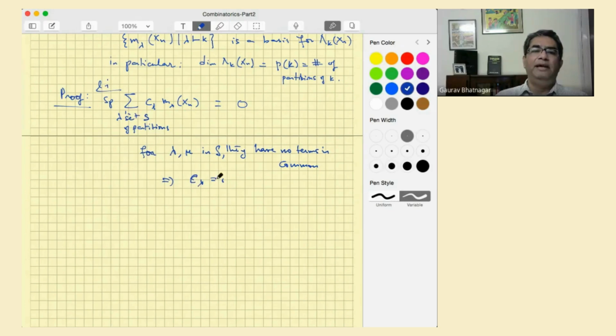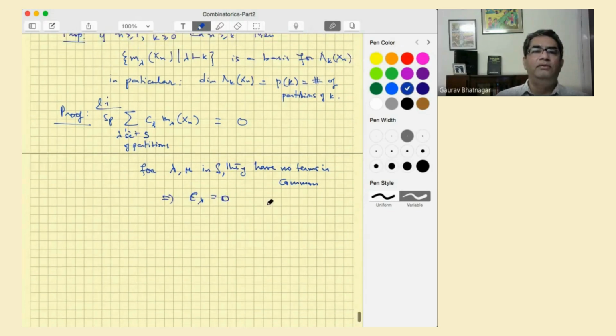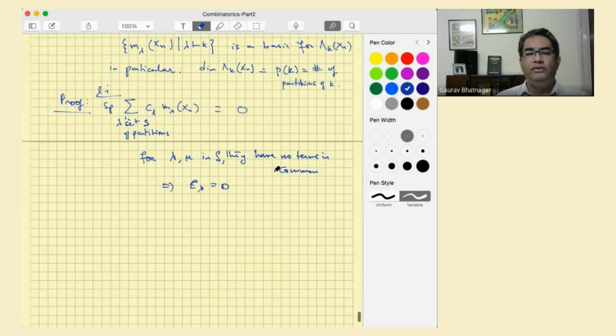So either m lambda is 0, or c lambda is 0. That does it for all lambda in S.